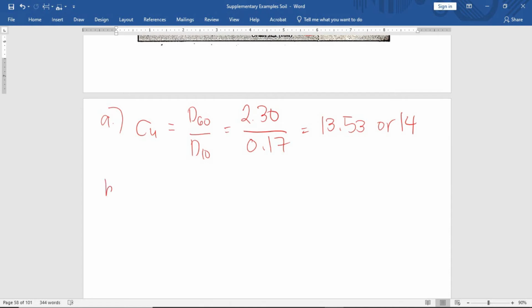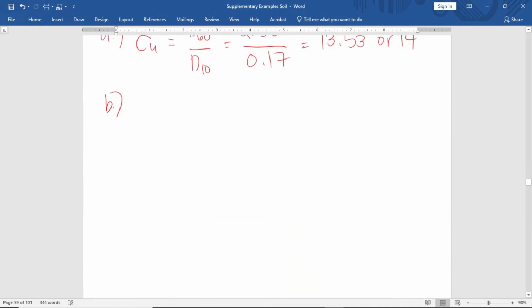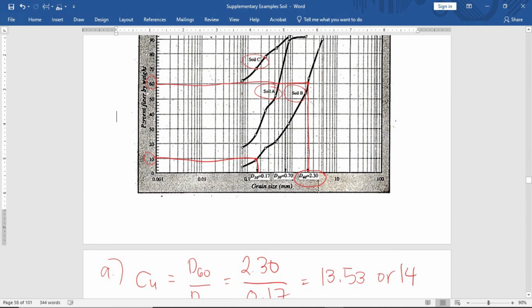How about naman letter B? Ito yung long process. Letter B, what is unknown? What type of soil is sample C?